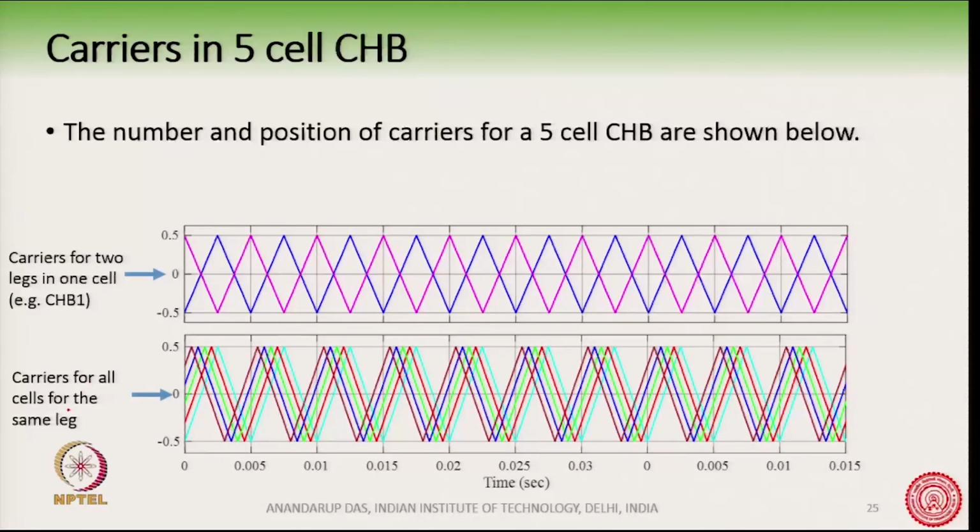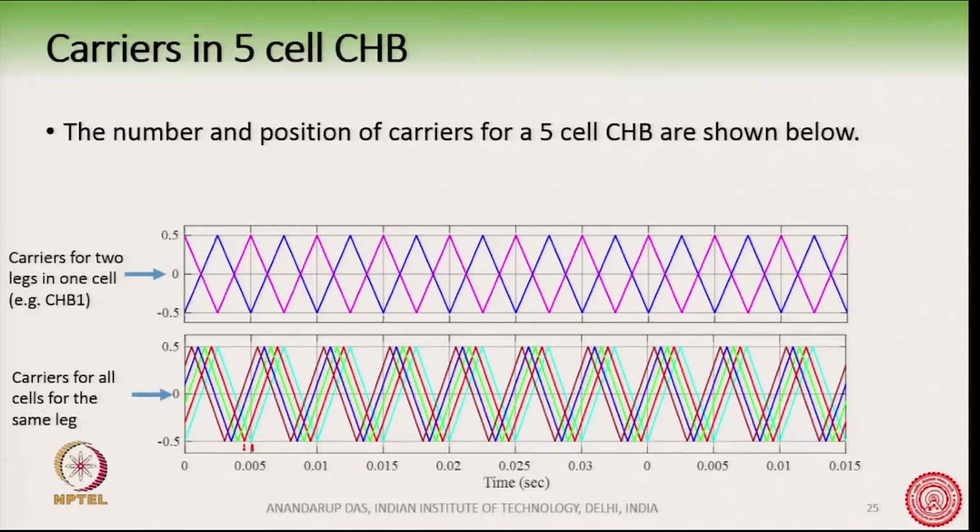Now, if we think about the left leg alone for all the 5 cells, only the left leg, then you see these 5 carrier waveforms which are shown here of different colors, these are the carriers required for the left leg of the 5 cells. You can clearly see that these carriers are slightly phase shifted from each other. There is a slight phase shift.